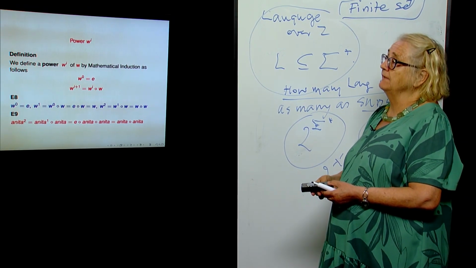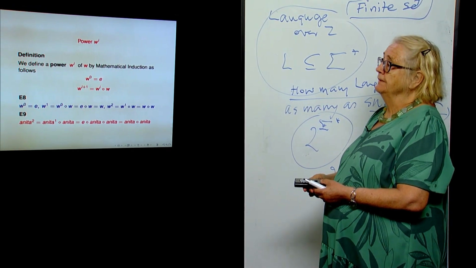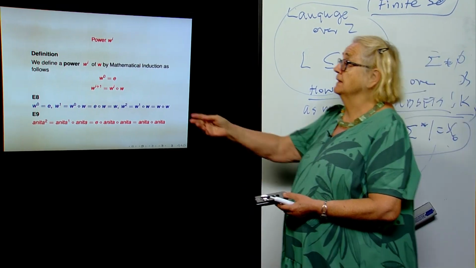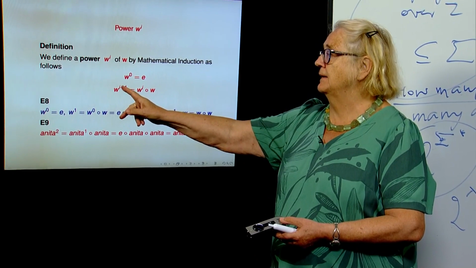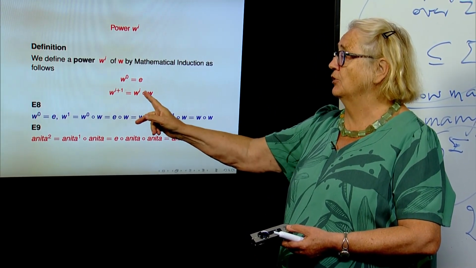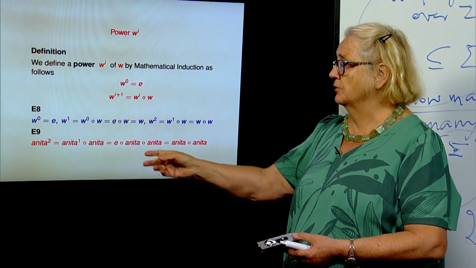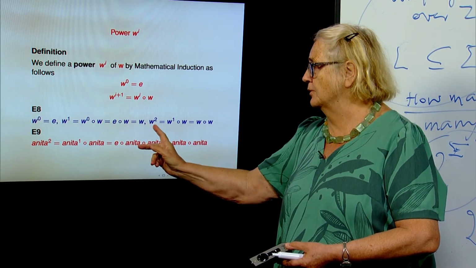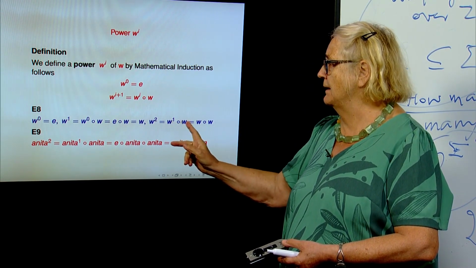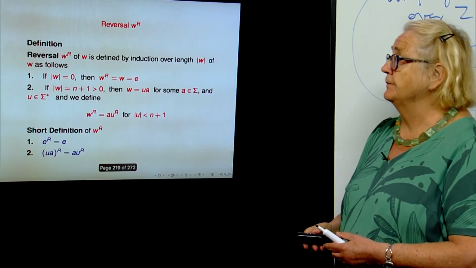And now we can define the power of the word. You define that w to the power 0 is the empty word e, and w to the power i plus 1 is w to the i concatenated with w. So, for example, w squared would be w w.